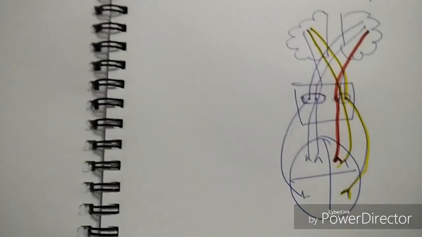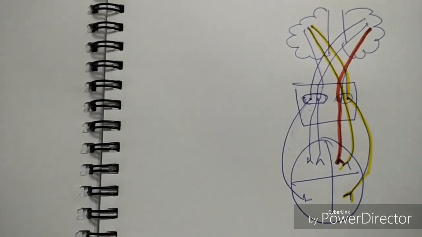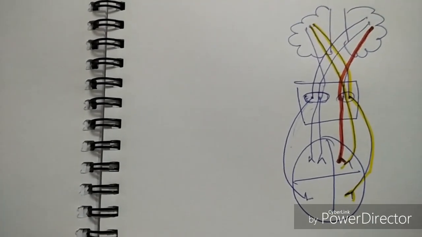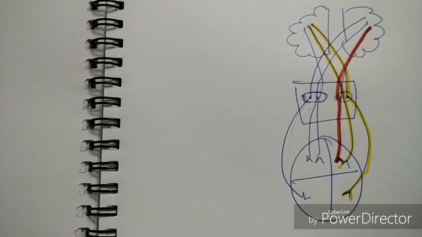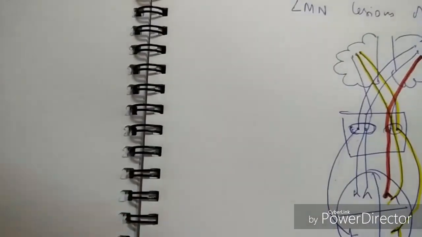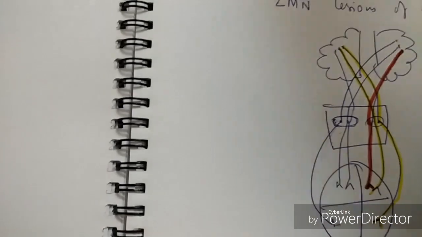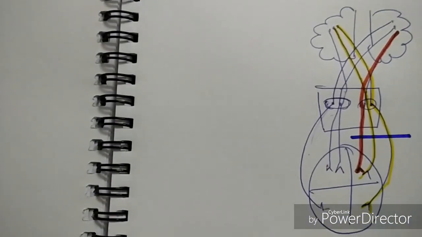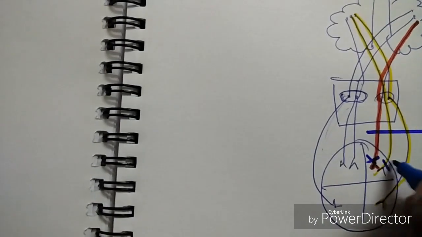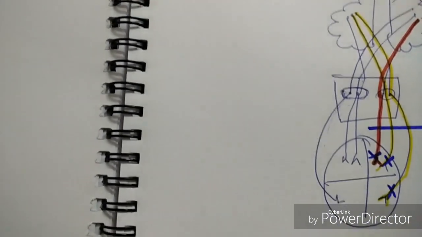Now, we know that facial nerve is comprised of two sets of fibers from the opposite side of cortex and one set of fibers from the same side of cortex. Now, when the nerve is cut, we lose this, and this.